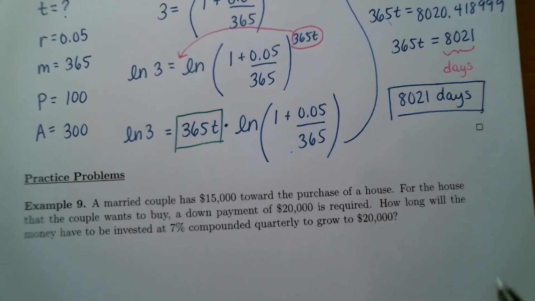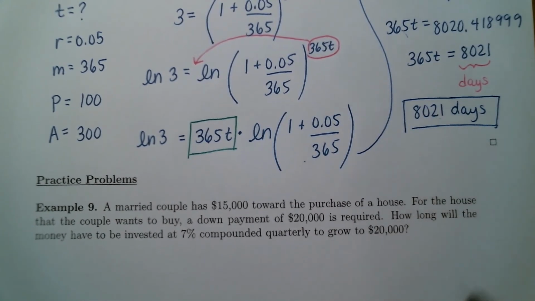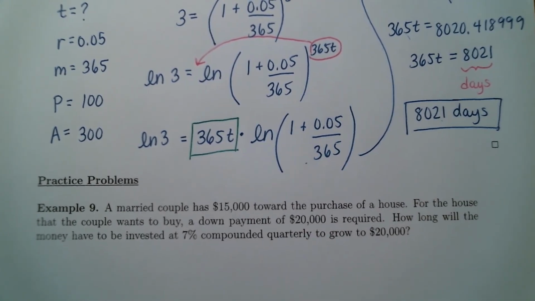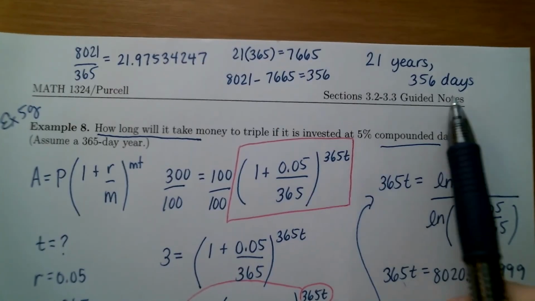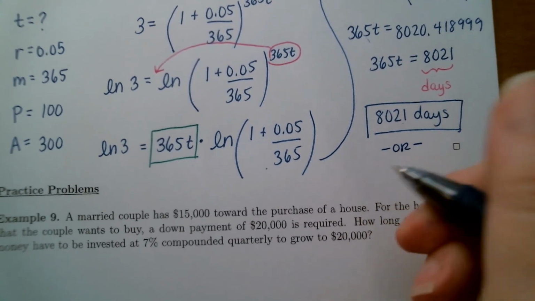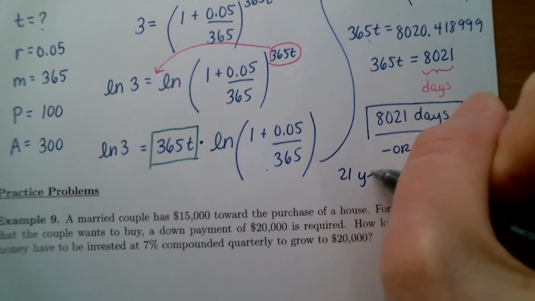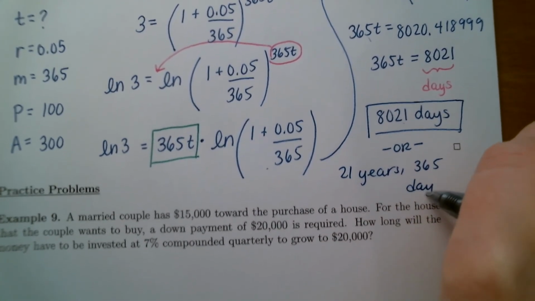If MyMathLab were to ask you how many days it would take to triple your money, this would be your answer. Or if it asked you how long is it going to take in years and leftover days, you would write this answer.